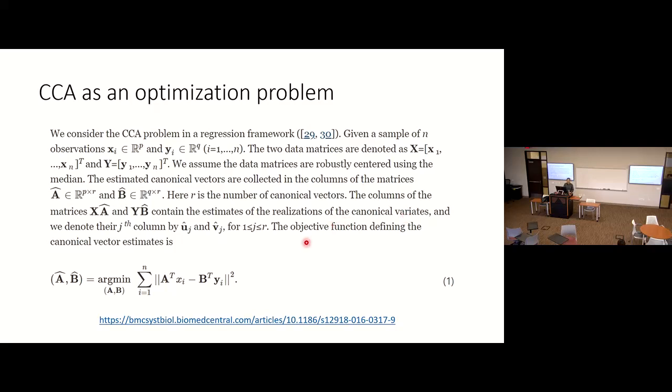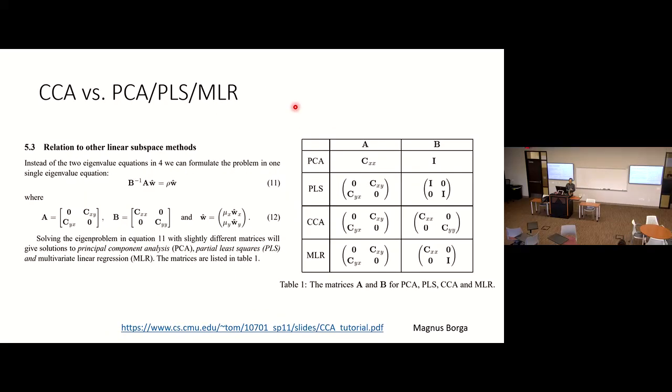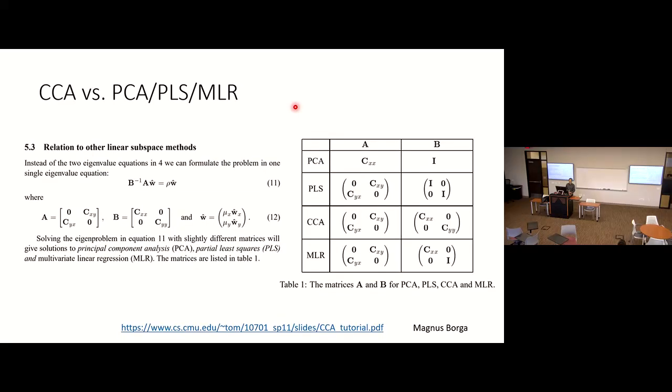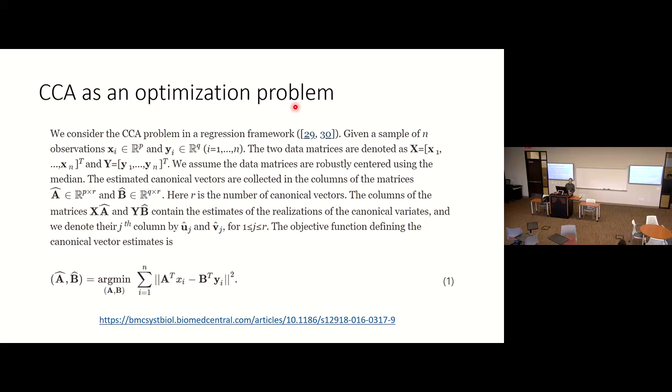We can also rewrite this equation as an optimization problem. So this is a linear algebra solution: you use SVD to do this correlation, to find these rotation matrices. Well, you can also say, okay, I just want to make this as small as possible to get A and B, these two matrices.